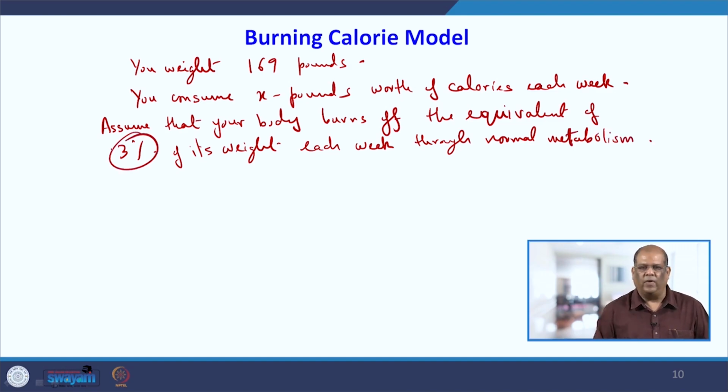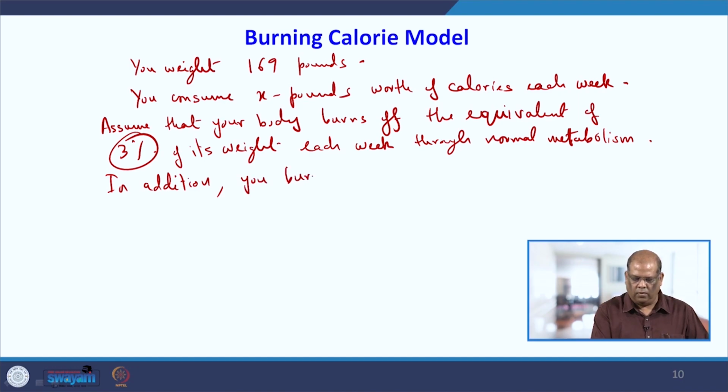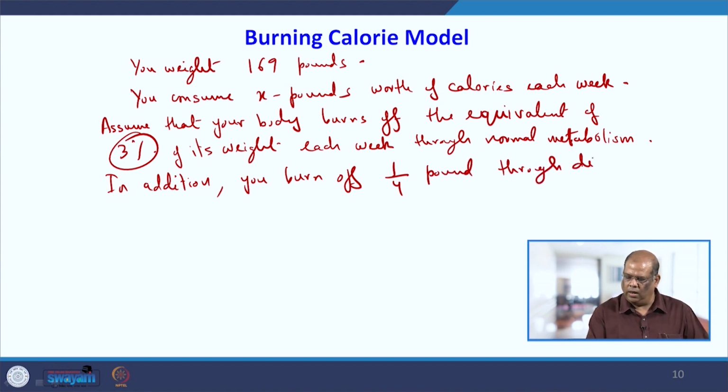And this 3% varies from person to person, and becomes slow with age. In addition, you burn off 1/4 pound through daily exercise.